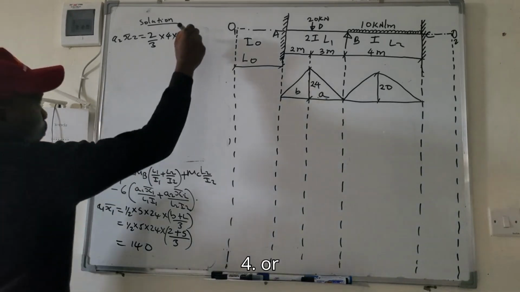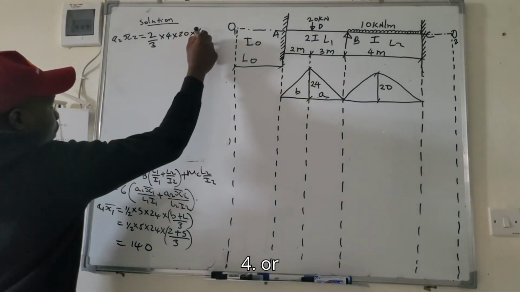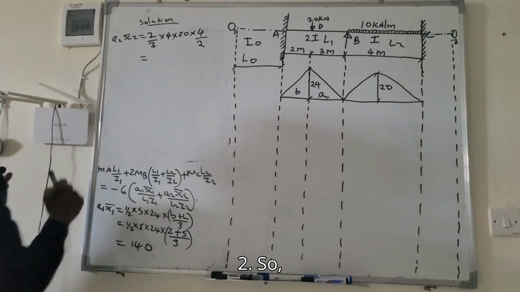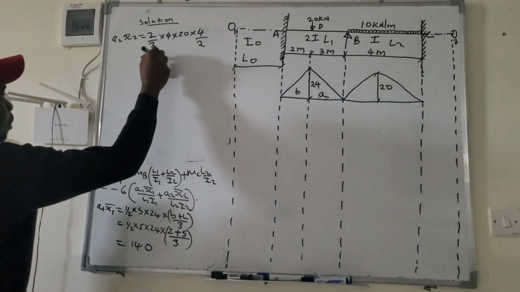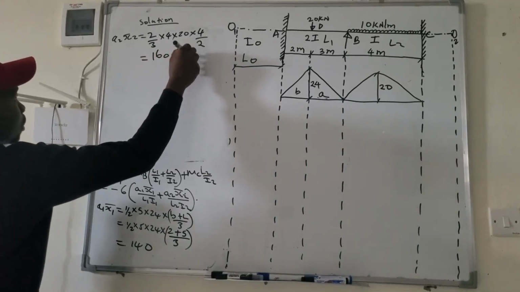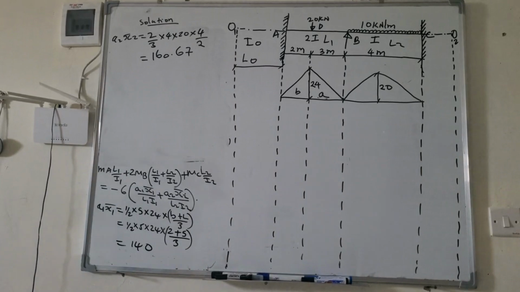So it will be 4 over 2. So the answer will be 160.67.